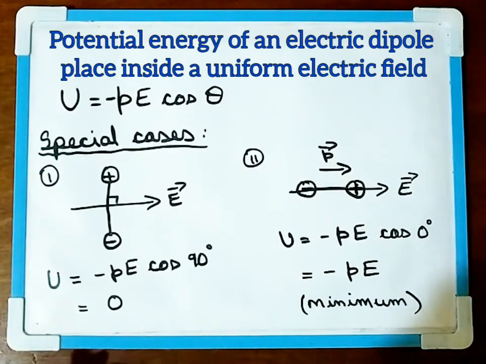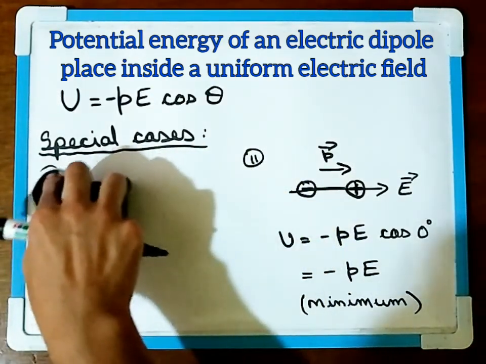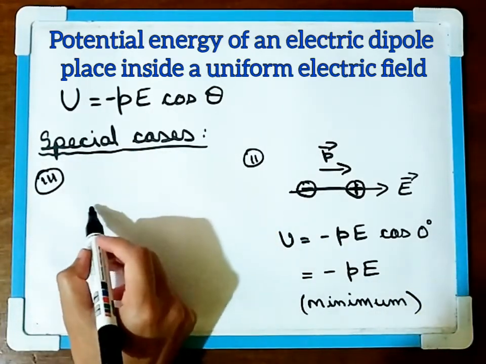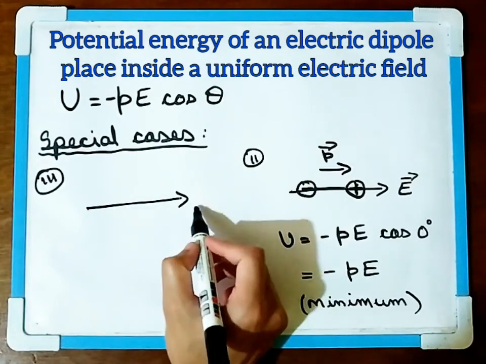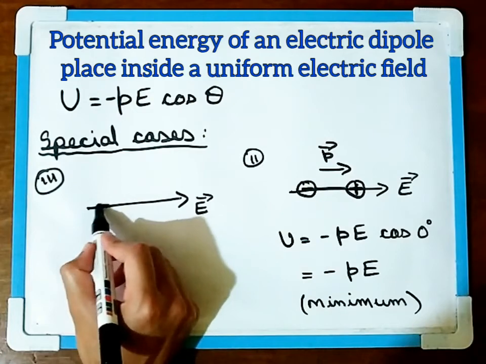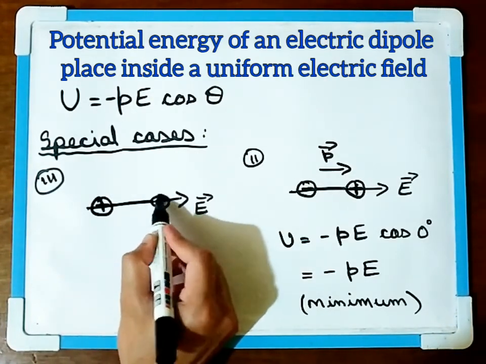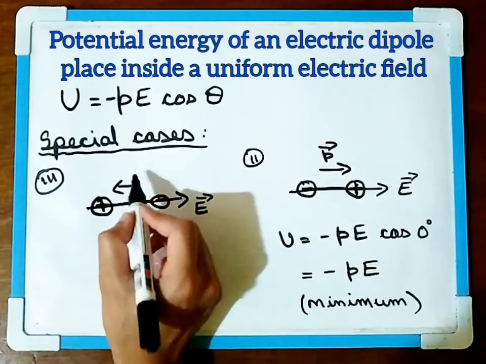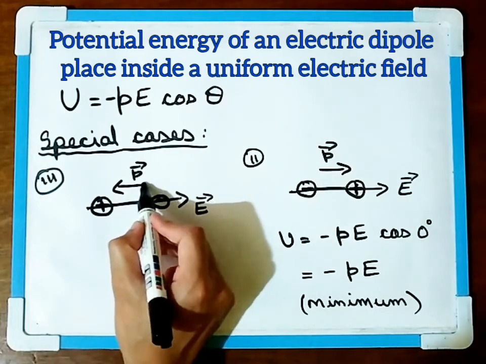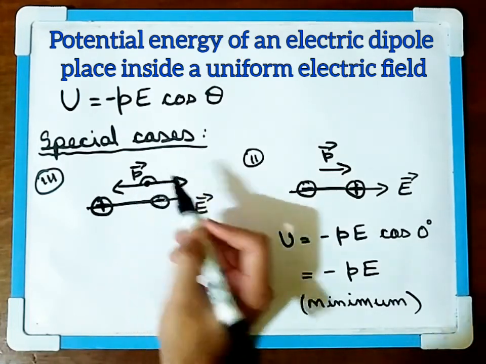Then we come to the third case, when your dipole makes an angle 180 degree with the direction of the electric field. So we have positive charge here and the negative charge here. So in this case your P vector will be in this direction. So it makes an angle of 180 degree with this E. E is in this direction, so this angle here is 180 degree.